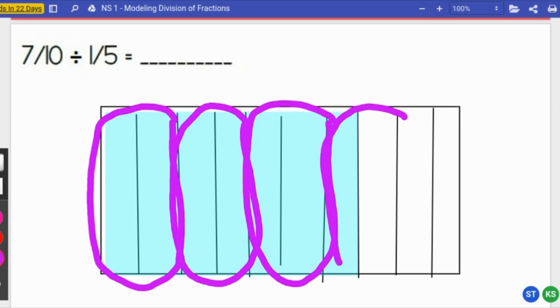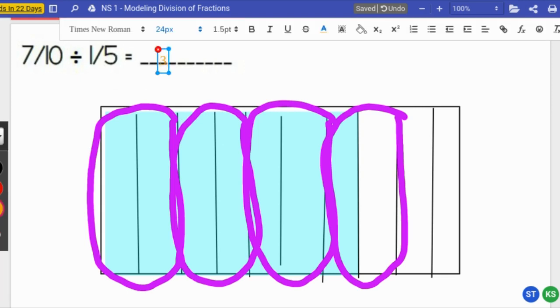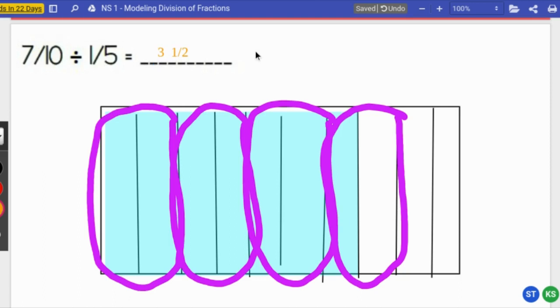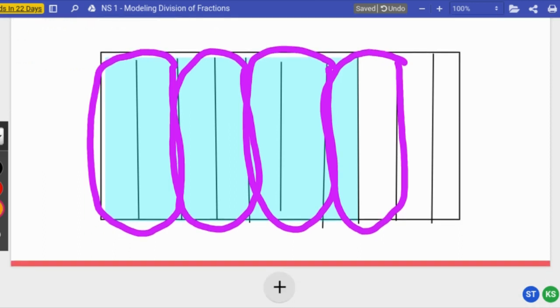Now I have 3 full groups, and then on this one I have 1/10 out of the 2/10 that I need. So I only have half of a group here. So I actually have 3 whole groups and then half of another group. So 7/10 divided by 1/5 would be 3 1/2.